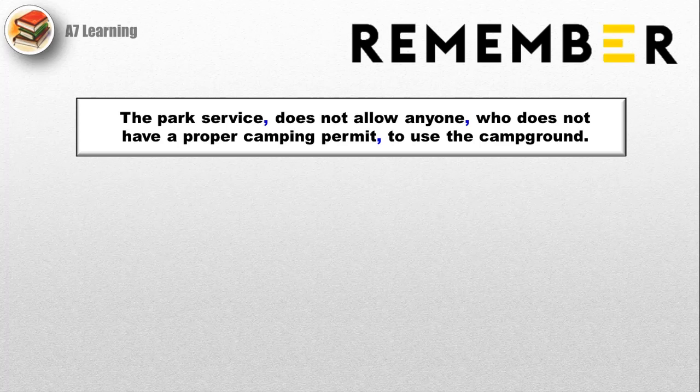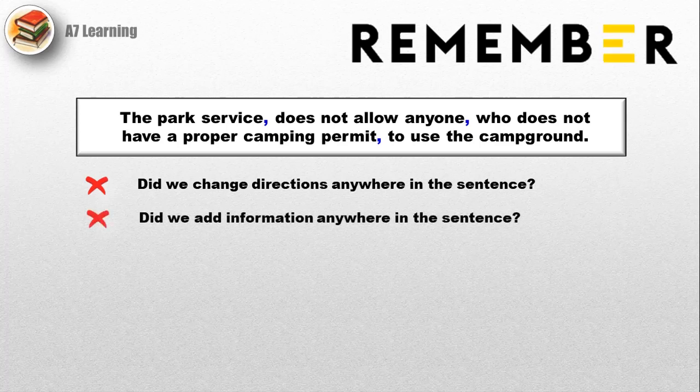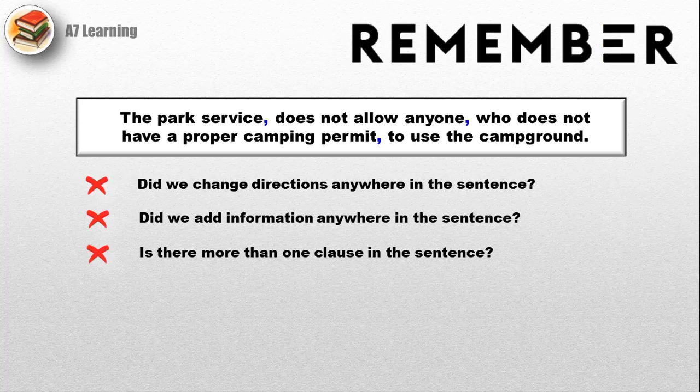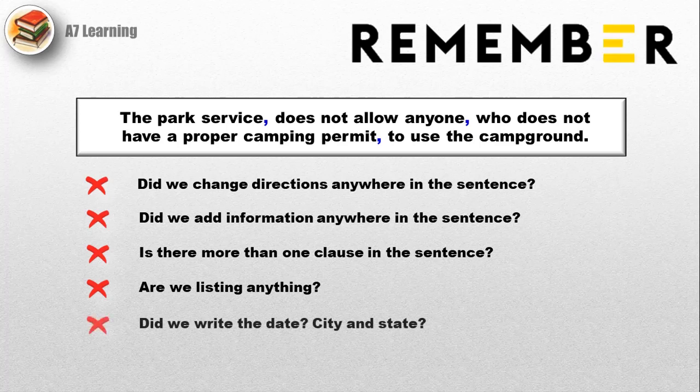You might be surprised. Do we change direction anywhere in that sentence? I don't think so. Do we add new information anywhere in the sentence? No, we don't. Is there more than one clause in the sentence, which is usually denoted by the use of a conjunction, which I don't see any. I don't see any fanboys. I don't see any subordinating conjunctions. We're definitely not listing anything in this sentence, so that one's out.